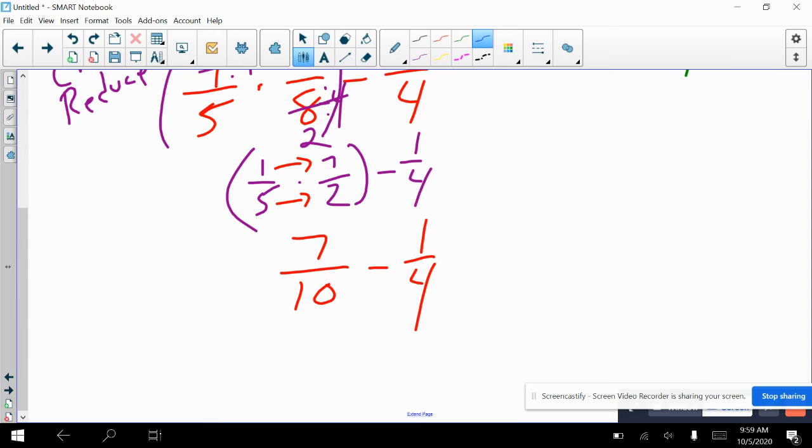Very good, 20. Okay, so what you do to the bottom, you got to do to the top. Okay, in order to find 20, we have to multiply 4 by 5. What are we going to multiply the 10 by? 2, right? What you do to the bottom, you got to do to the top.